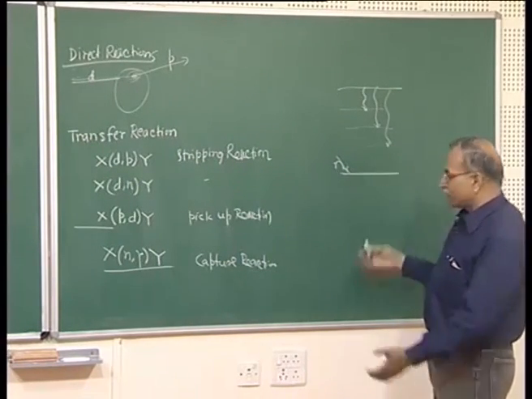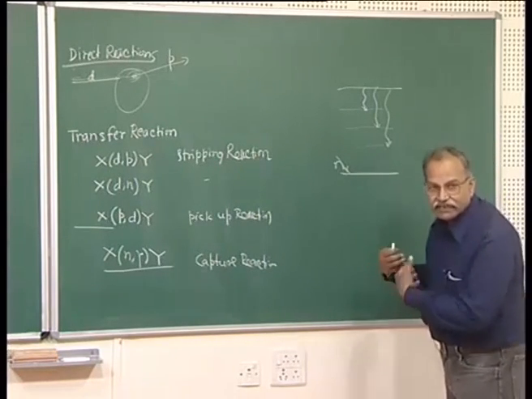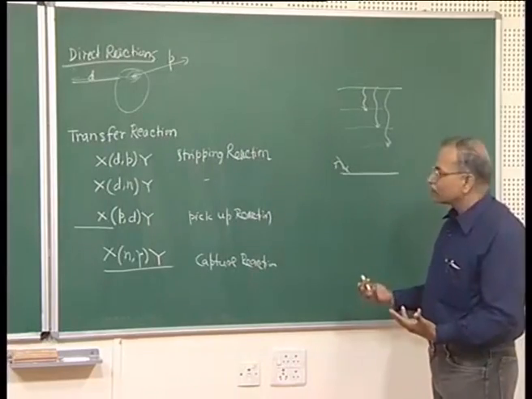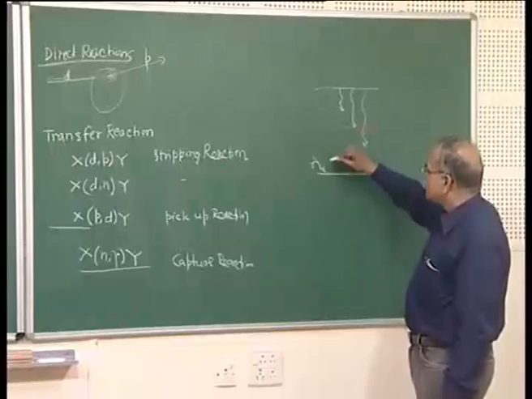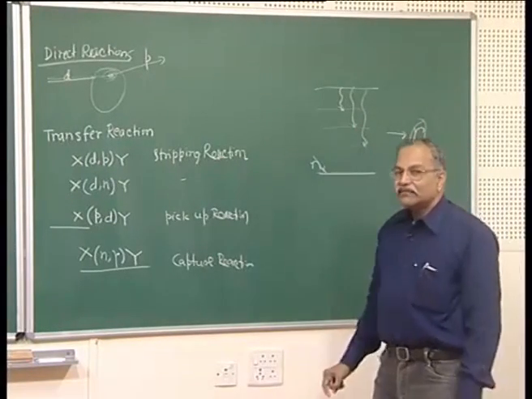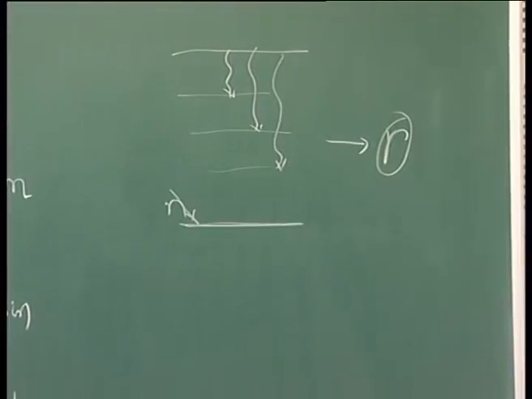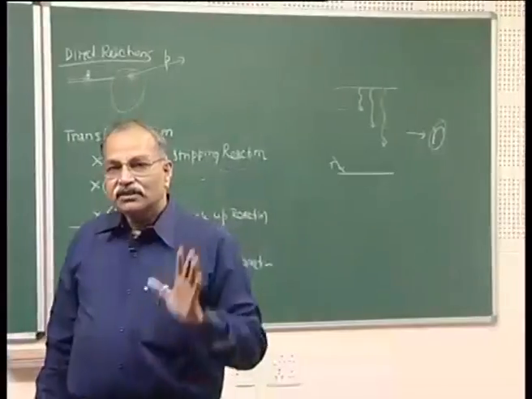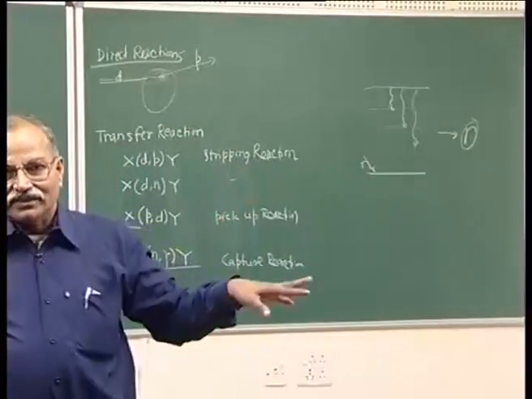It can also emit a neutron by itself or something else, that is also possible. But what we call a capture reaction is when the outgoing particle is a gamma ray, in which case the neutron is permanently absorbed into that nucleus. So, there are varieties of these direct reactions.